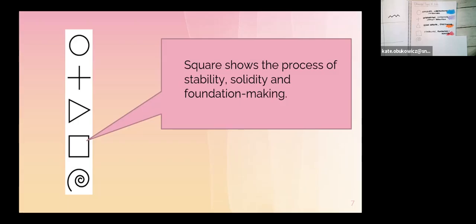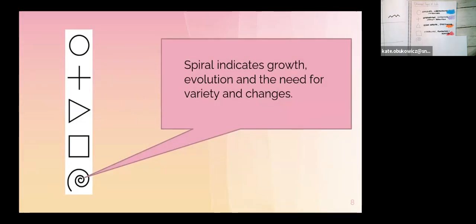The last one we're going to talk about is the spiral, and that indicates growth, evolution, and the need for variety and changes. Once you write this down, you can choose a color, and you can choose a color you've chosen before.